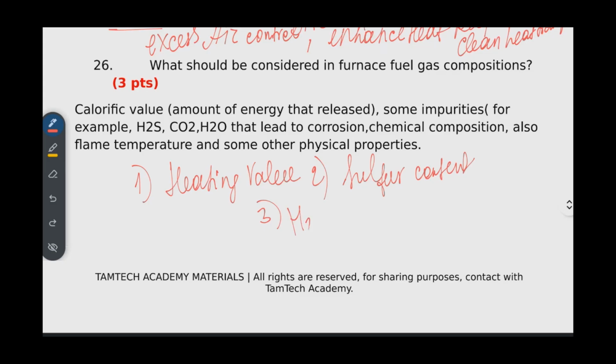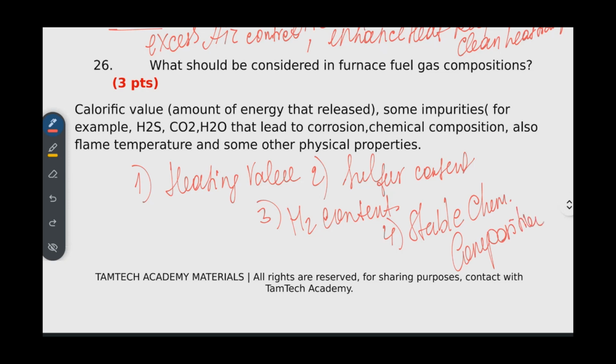Also, the hydrogen content must be controlled, and you should have some stable chemical composition. Okay. So calorific value, heating value, some impurities, H2S, CO2, H2, especially this one, lead to corrosion, chemical composition, also flame temperature, some other physical properties.